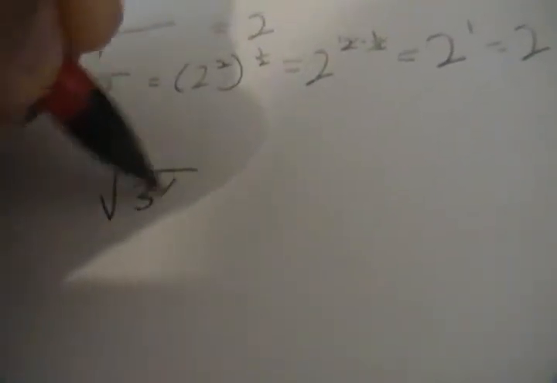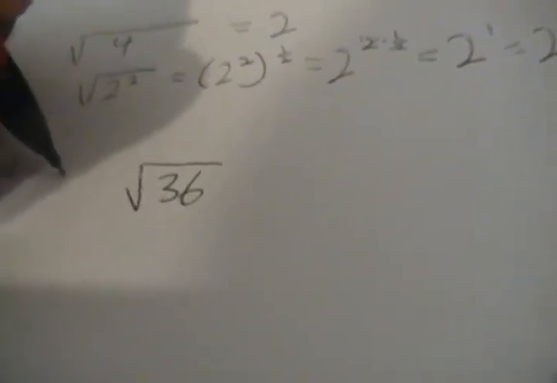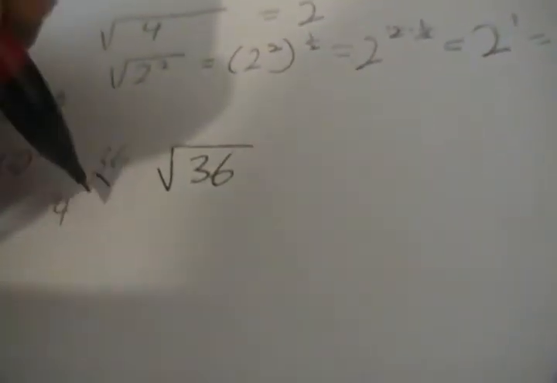Alright, let's try another problem. For example, let's try the square root of 36. So what are the factors of 36? Say, how about 4 times 9? Can we reduce that?